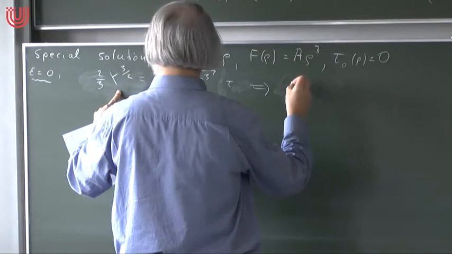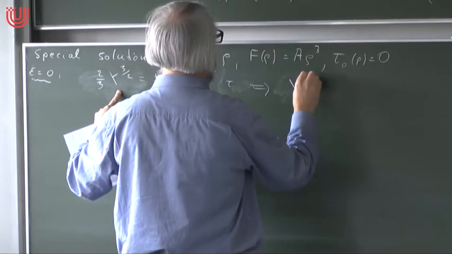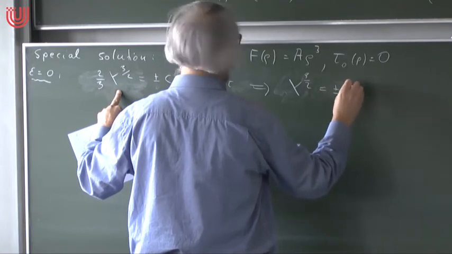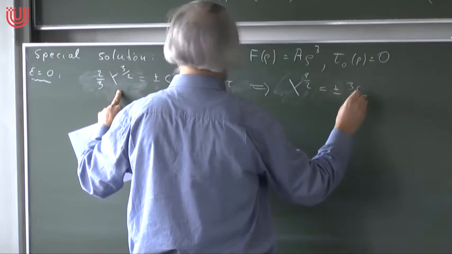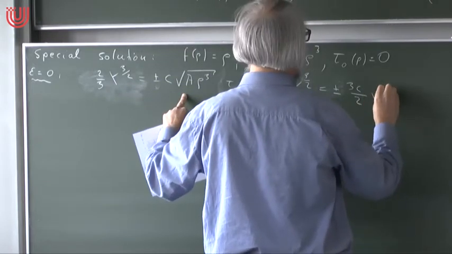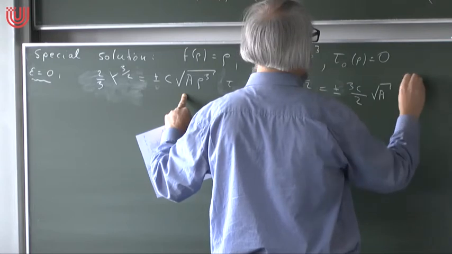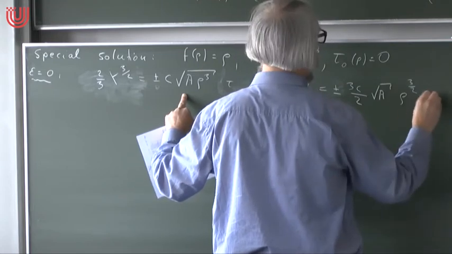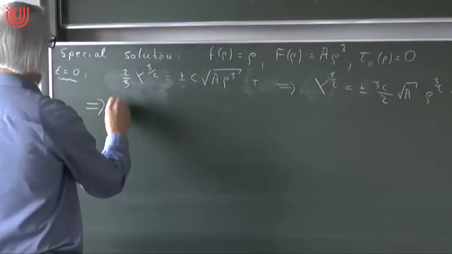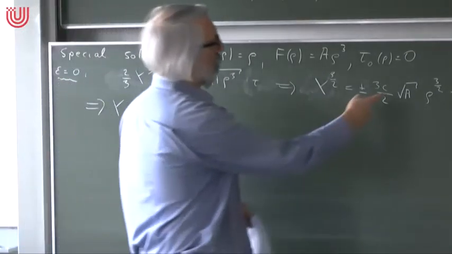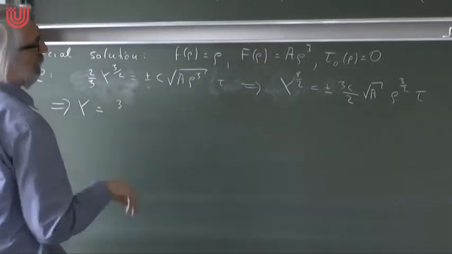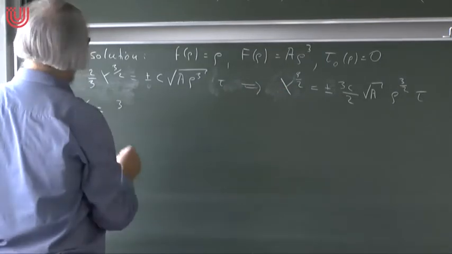So this is y to the power 3/2 is plus minus 3c over 2 root a rho to the power 3/2 times tau. And this implies y is, so here's a constant factor. I can disregard the sign now because I square the equation.